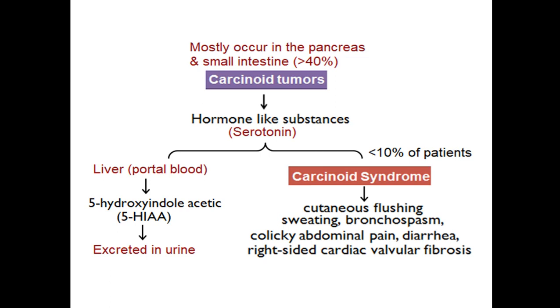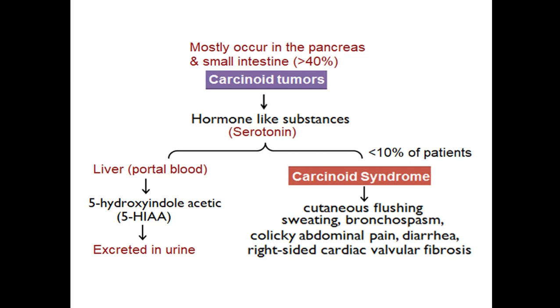But if there is so much excess production of the hormones by the tumor cells in carcinoid tumors, it is not possible for the liver to detoxify this bunch of hormones. So at least 10% of patients, or less than 10%, will develop carcinoid syndrome.